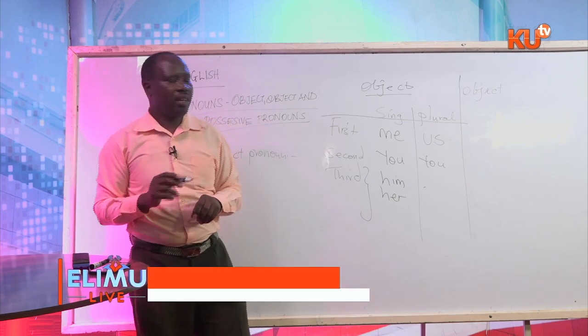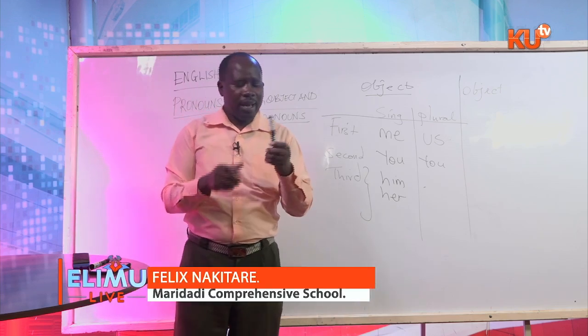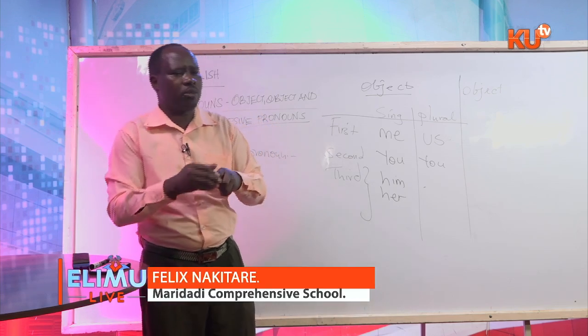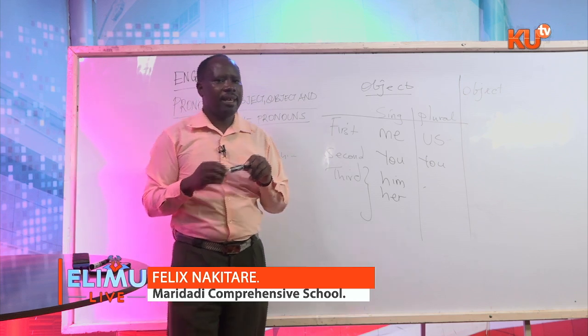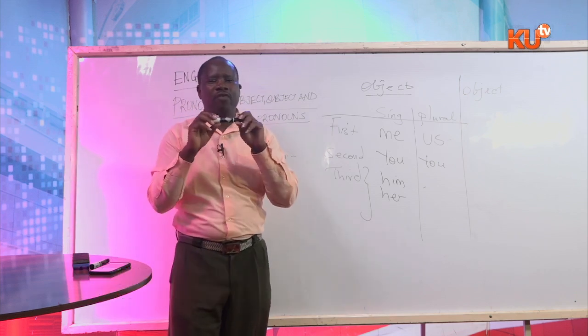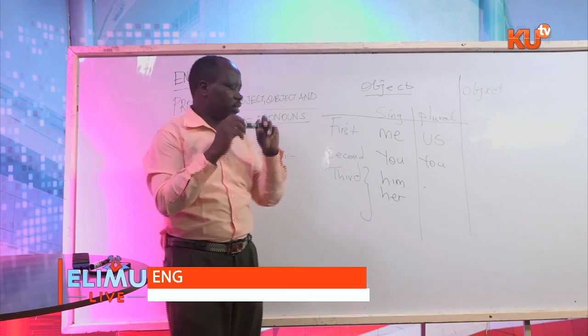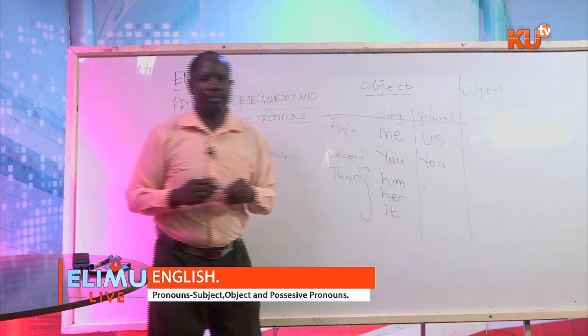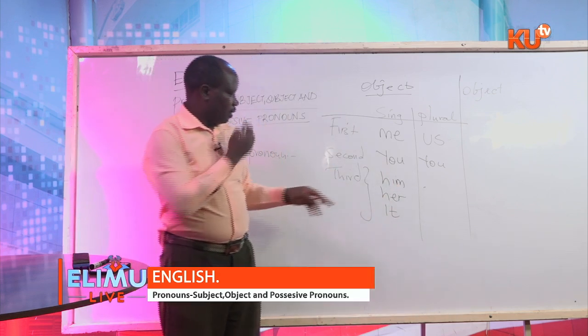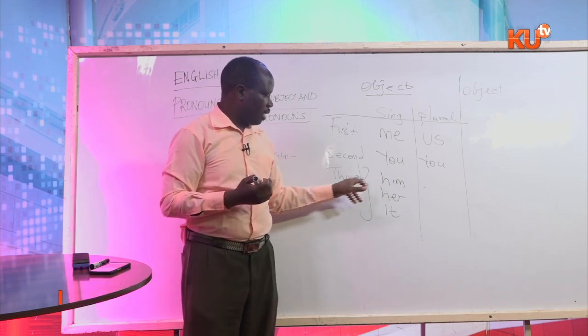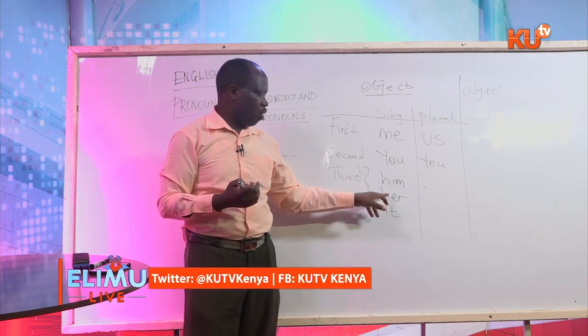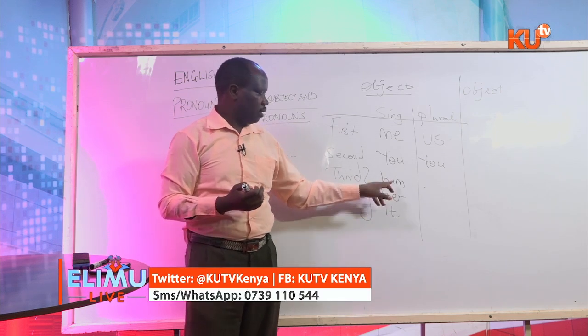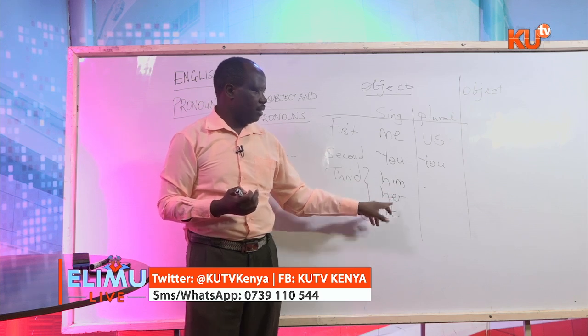Remember, my sister is not here. If I want to get this pen to my pet, to my dog, or to my cat, then I say, I will give this pen to it. So you can see our third person singular in objective pronoun is him, her, and it.